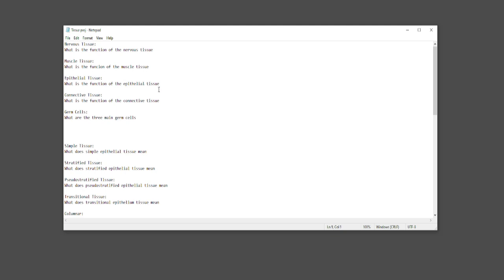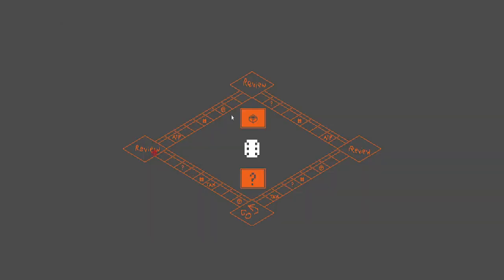I think it lines the inside of organs and forms glands.